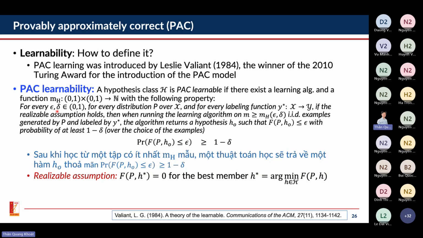For every epsilon and delta in this range, and for every data distribution P over X, and for every labeling function f, if the realizable assumption holds, then when we run the learning algorithm on m IID samples from distribution P and labeled by f, the algorithm will return a hypothesis h such that the test error is small, with probability at least 1 minus delta over the random choice of the training set.